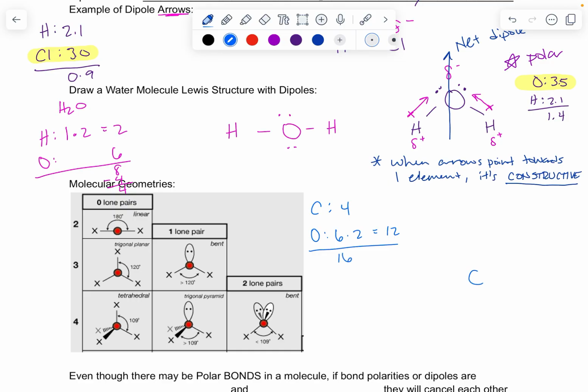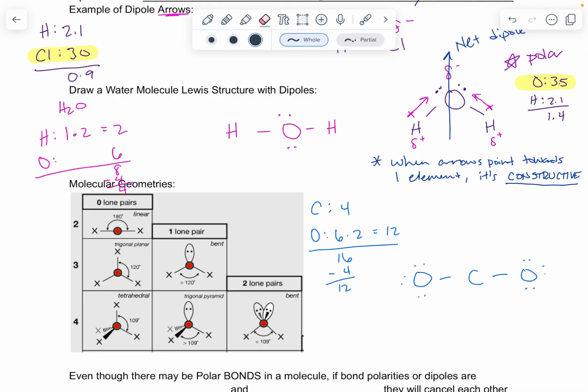All right, here's my carbon, here's my oxygen. I already have 4 electrons here, so I need 12 more. 1, 2, 3, 4, 5, 6, 7, 8, 9, 10, 11, 12. My oxygen's happy, but what about my carbon? Is my carbon happy? It has 4 electrons. It's not happy.